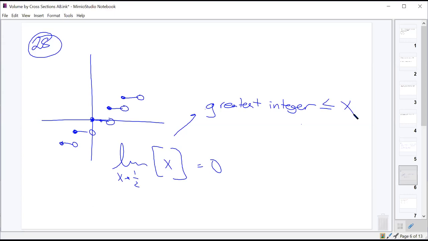All the way up until I get to 1, all the way to 0.99999, the largest integer that is less than 0.99999 is 0. But as soon as I get to 1, it jumps up to 1, because 1 is the greatest integer that is less than or equal to 1. Does that make sense to everybody? How that function works? At home, you guys good with that?